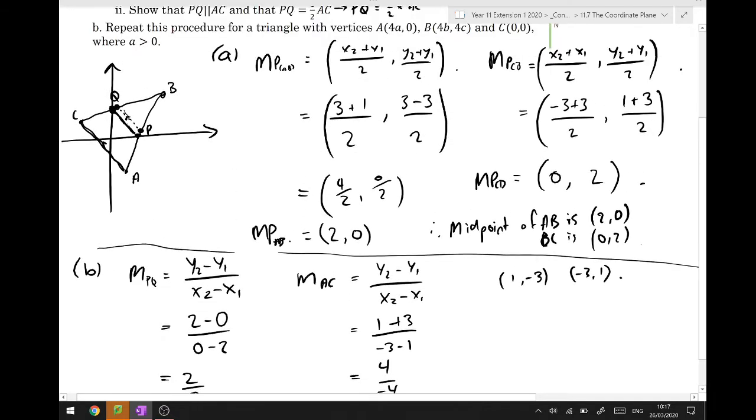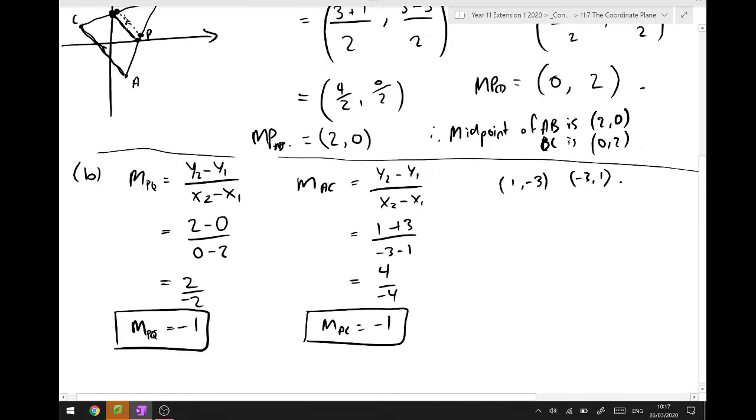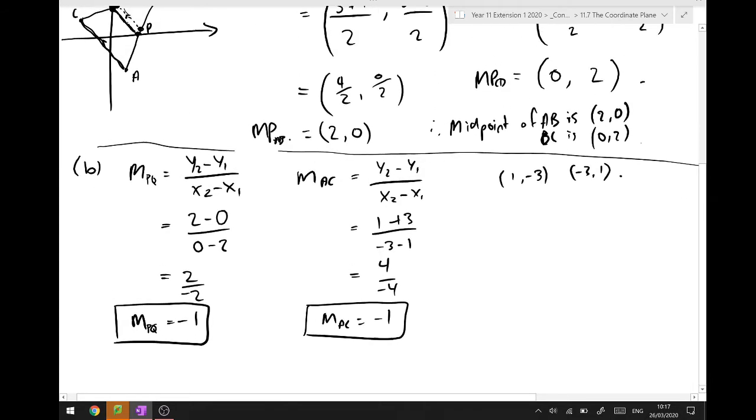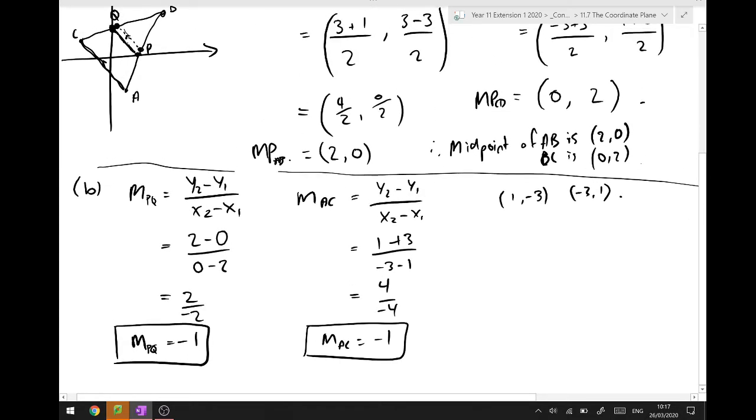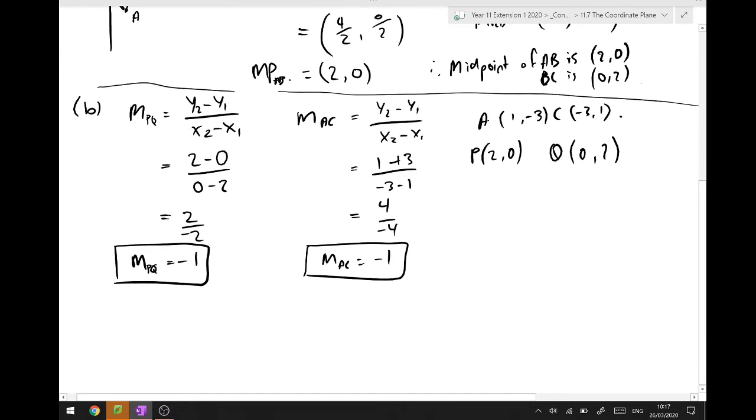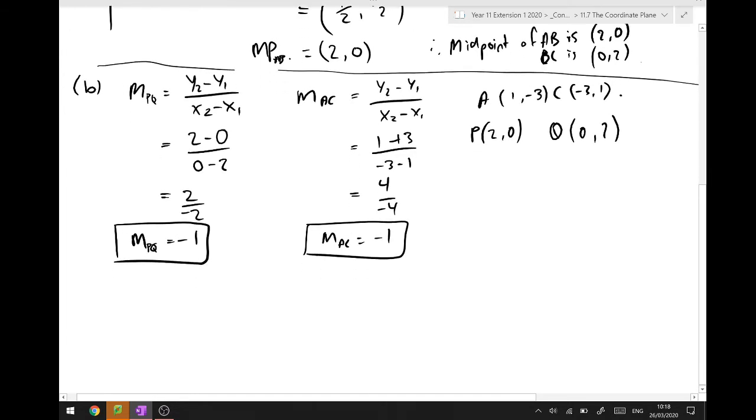Now the last bit of this question is to show that the distance of AC is double the distance of P to Q. So I'm just going to rewrite it down here: P is 2, 0 and Q is 0, 2. So the distance between the two is half of the other.